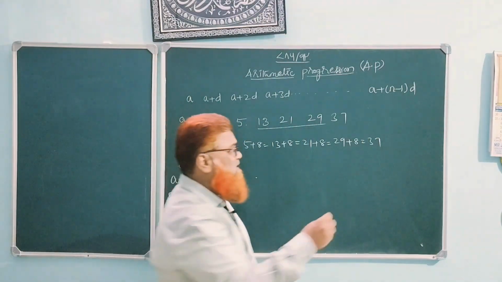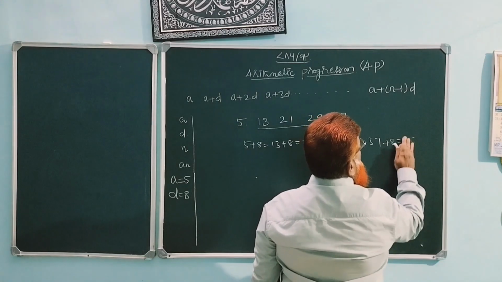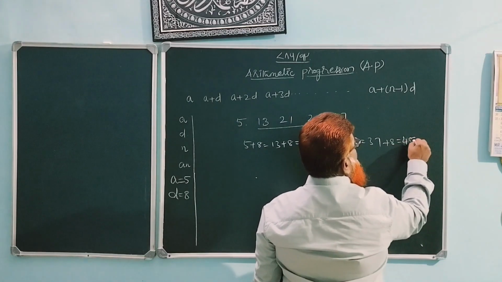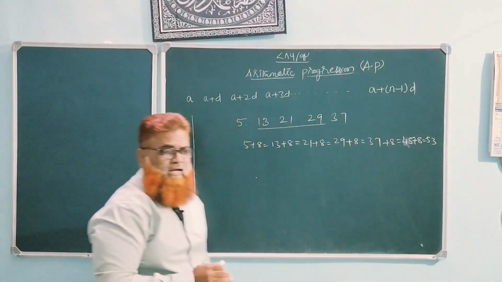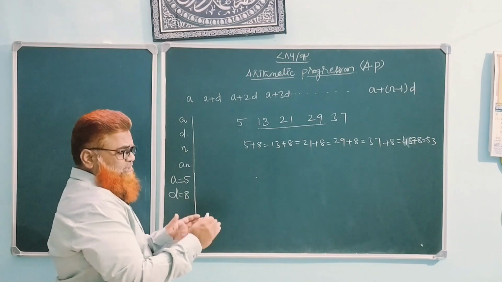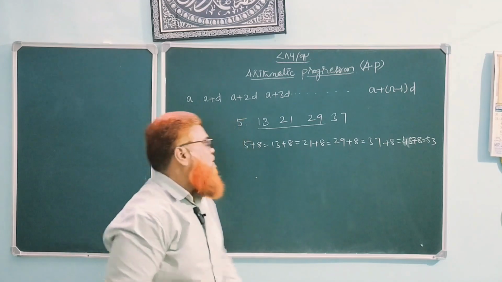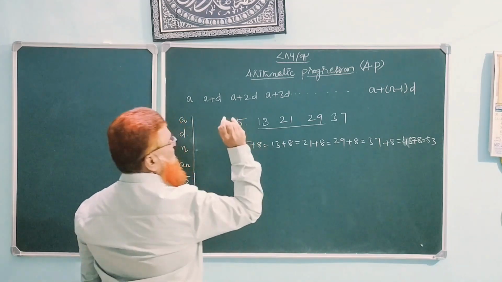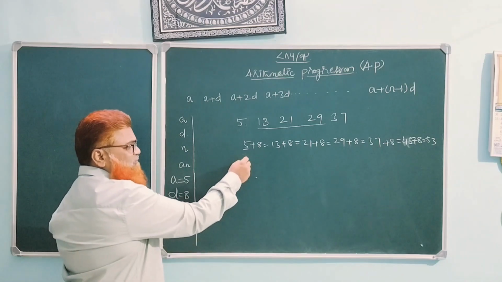Add another 8, you get 45. Then the succeeding term of 45? Add another 8, you get 53. If we go on adding the common difference to the succeeding term, we get a new term in the AP. What is the first term here? The first term is 5.